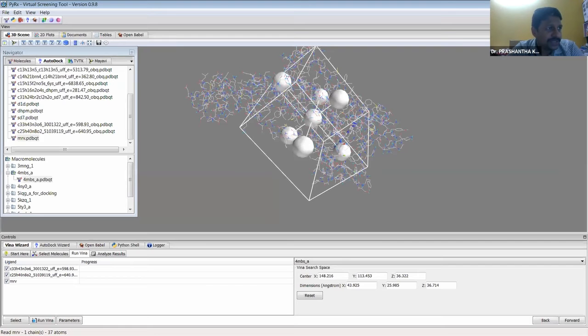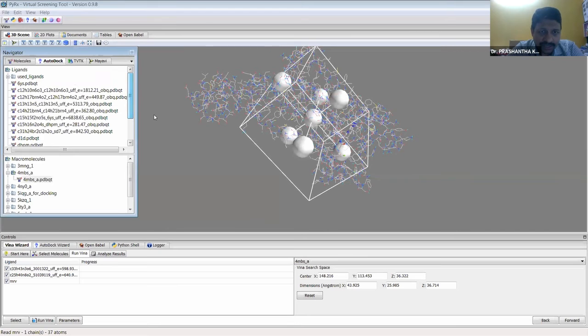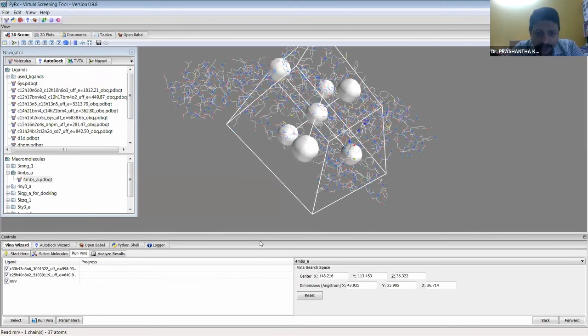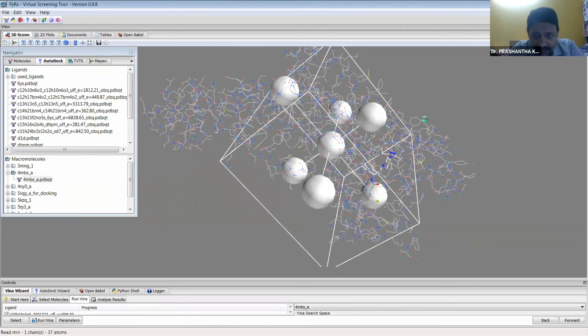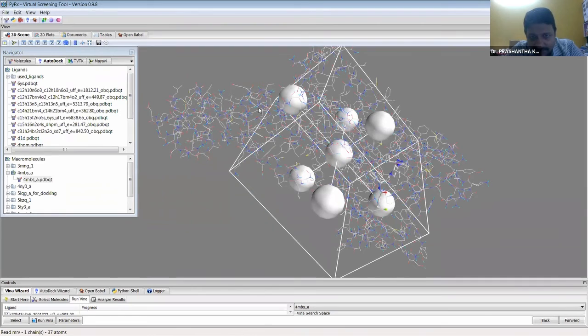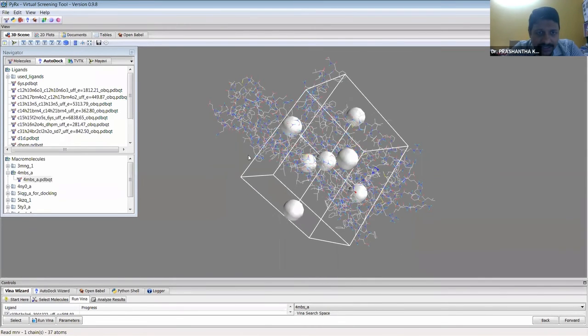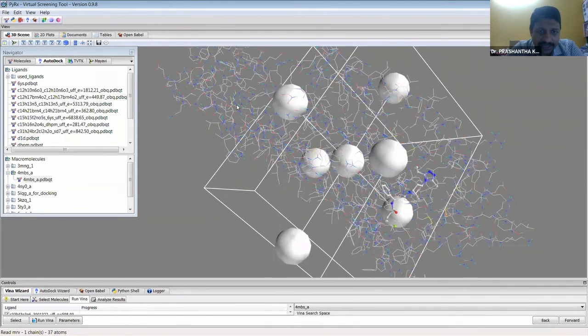Now maybe one person can just tell me the positions of the amino acids. Whatever you are seeing here is the protein, in the line representation.